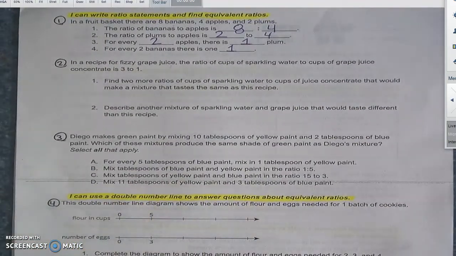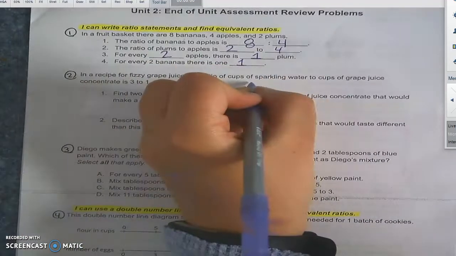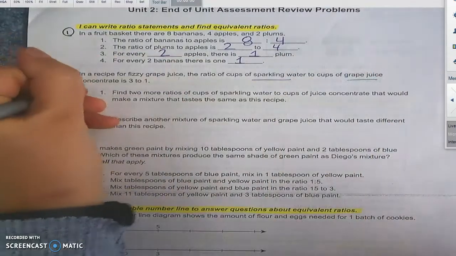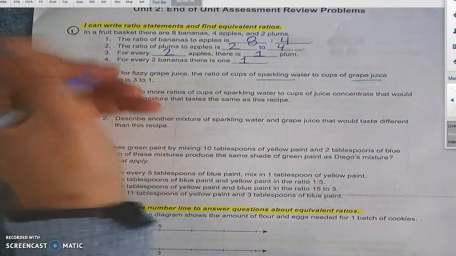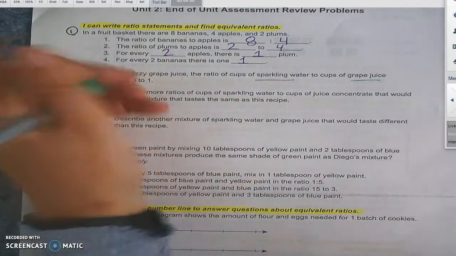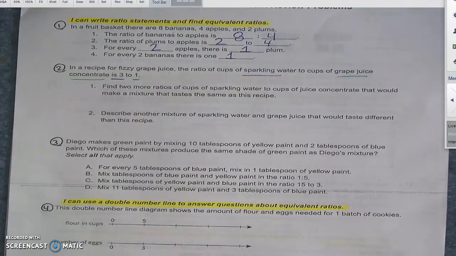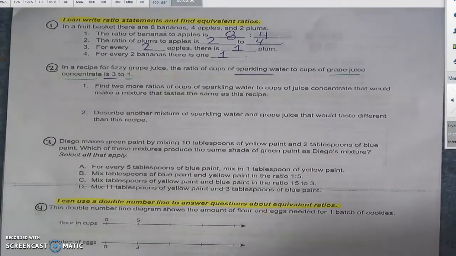In a recipe for fizzy grape juice, the ratio of cups of sparkling water to cups of grape juice concentrate is 3 to 1. Find 2 more ratios of cups of sparkling water to cups of juice concentrate that would make a mixture that tastes the same.